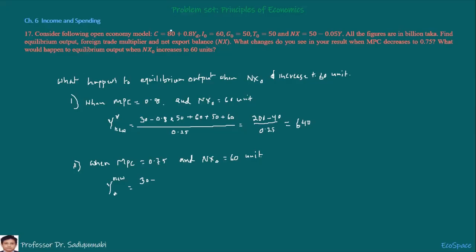So here there is a problem. This is actually 30. Our calculation is based on 30 plus.